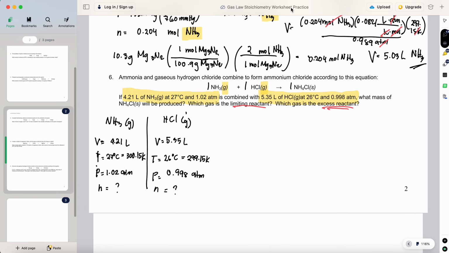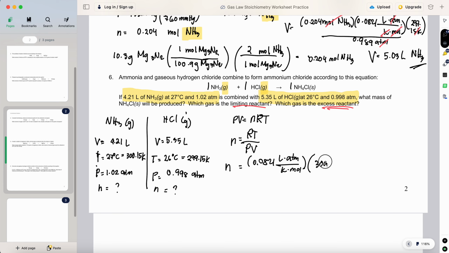So to start, let's start with n of NH3. Since this is PV equals nRT, n is equal to PV over RT. So n of NH3, we have R is 0.0821 L ATM per K mol.